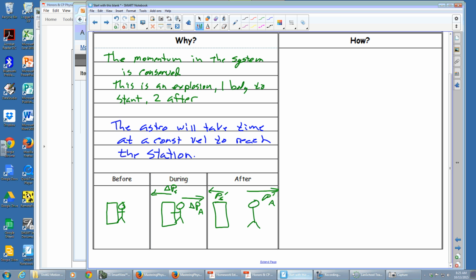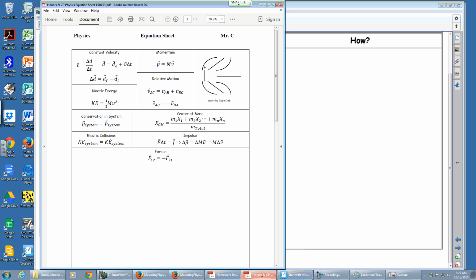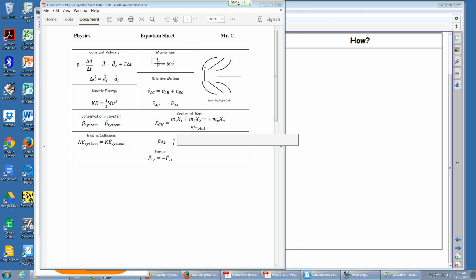So, let's see. We're going to start off with this idea of momentum. So let's grab our momentum equation. Same two as we had last time because momentum is conserved. That one and that one.